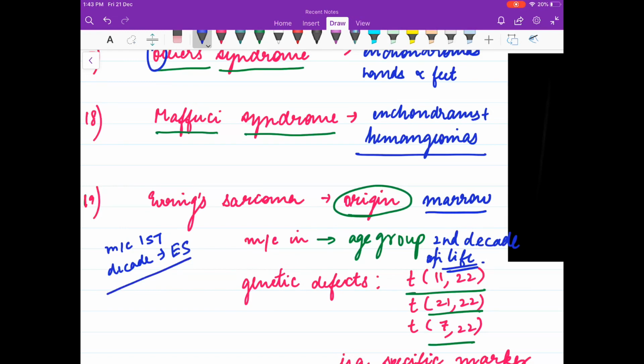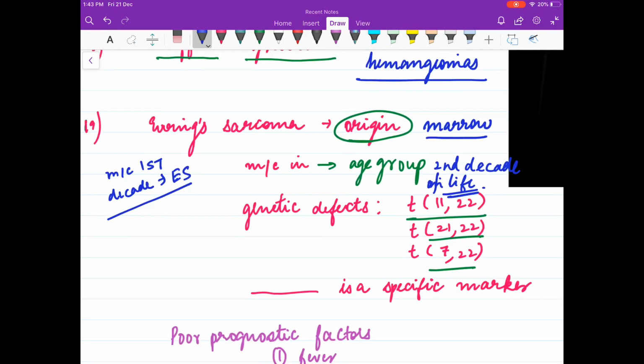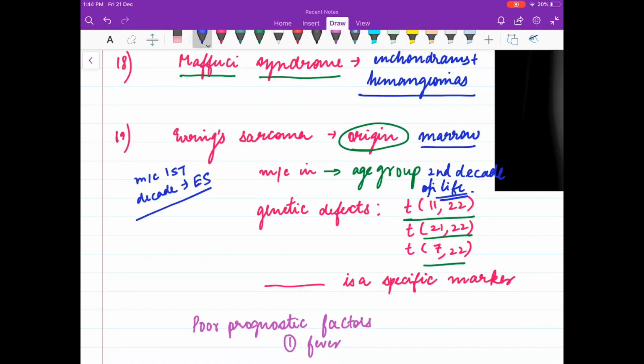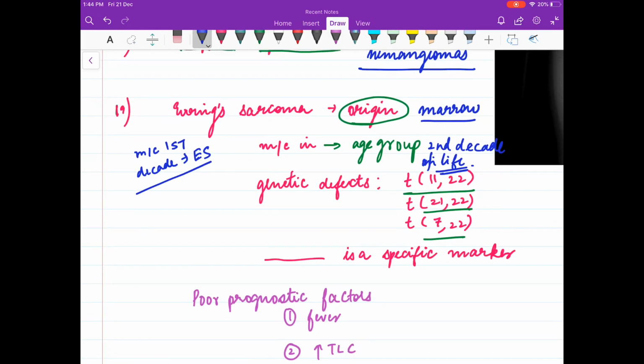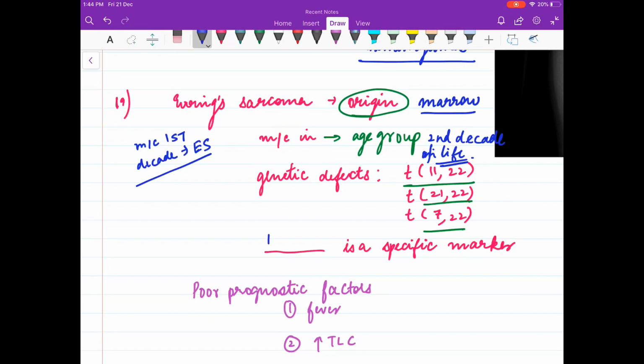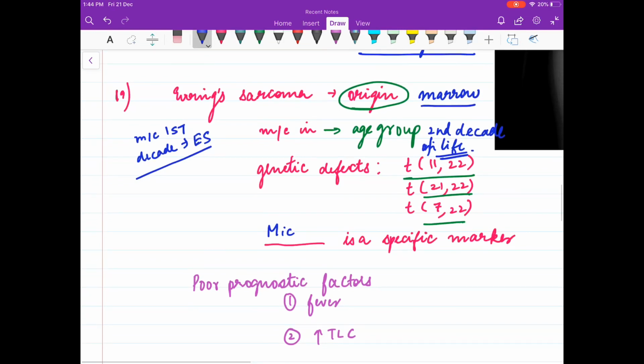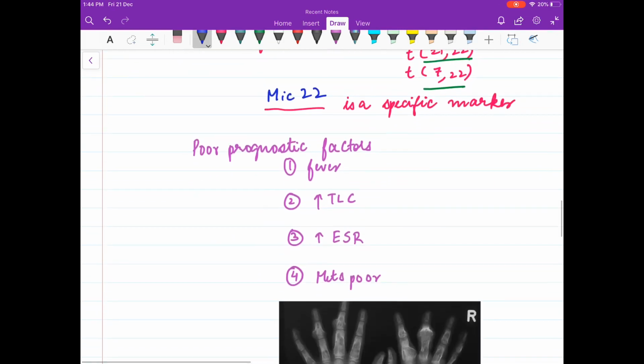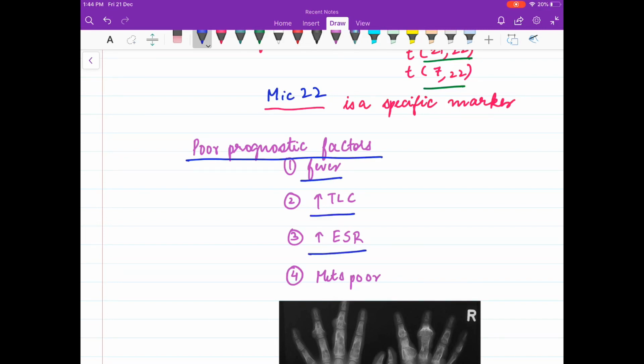But if they ask Ewing sarcoma is common in which age group, it is the second decade. Which is a specific marker for Ewing sarcoma? It is MIC2. Poor prognostic factors in Ewing sarcoma are fever, increased TLC, increased ESR, metastases, chemo-resistance and relapse.